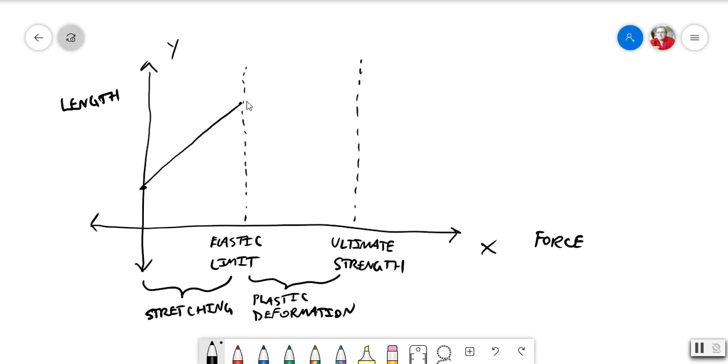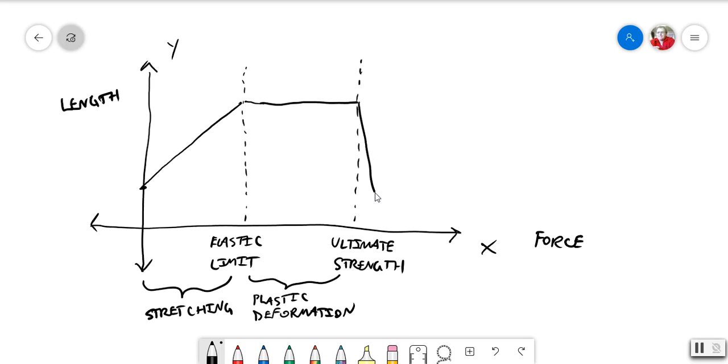Once you hit plastic deformation, its length does not change because it can no longer resume its original shape and it won't stretch any further. So the way it was behaving over in the stretching zone and the way it's behaving in the plastic deformation zone are different. When you hit the ultimate strength, it breaks.